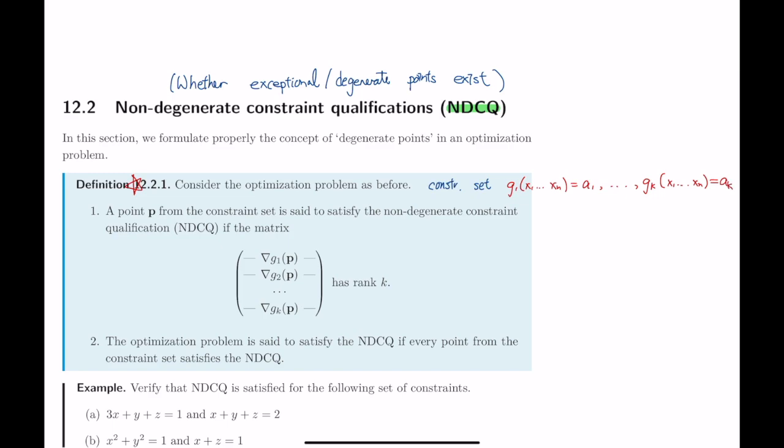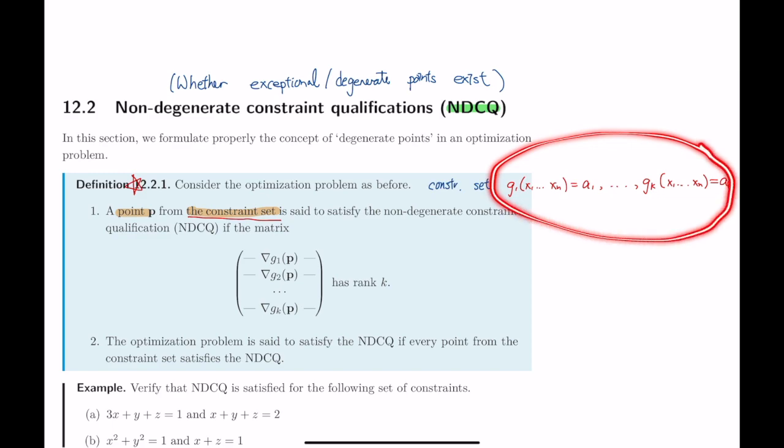And then what does it mean for a point to be degenerate or non-degenerate? So this is the definition. A point P from the constraint set, this is very important. So you don't take an arbitrary point, you only take a point that satisfies this collection of constraints.